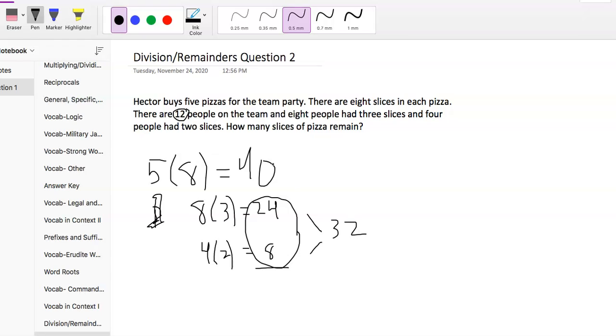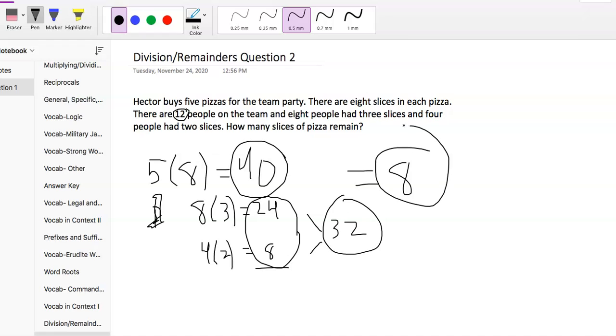Now, we have 40 slices at the beginning before the party starts. We've had 32 slices consumed. And then the question is, how many slices remain, right? So we take the total, which is 40, minus the slices that we've eaten so far, 32. 40 minus 32 is 8. 8 slices remain.